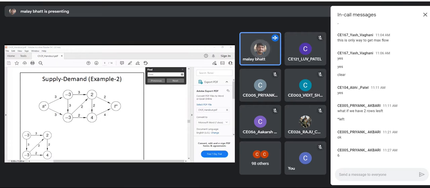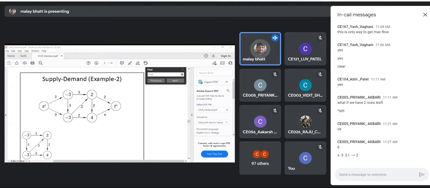Can you tell which augmenting path you have considered? Which augmenting path you have considered? Can you write in the chat window, Priyank?